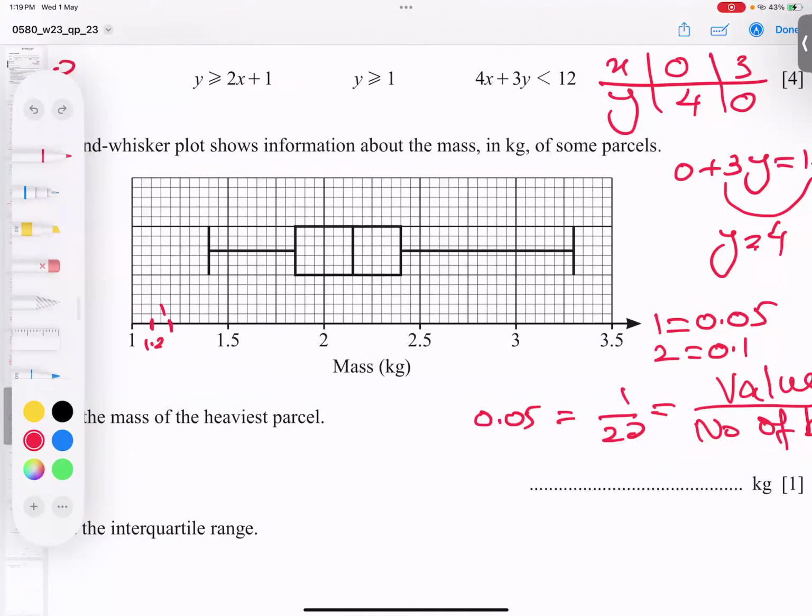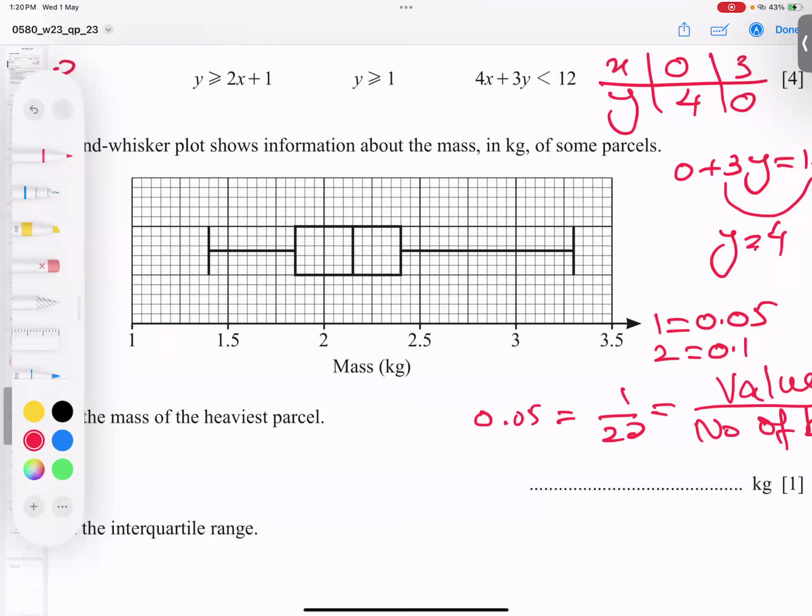Yes, student, this is a correction. Oh, sorry, this is not 1, this is actually a 2. Yeah, so this is 0.05, no change.